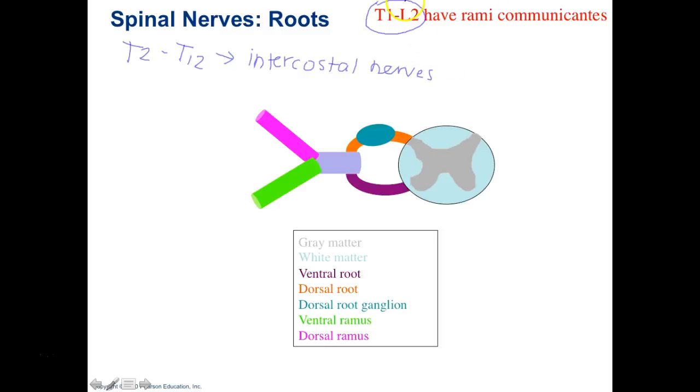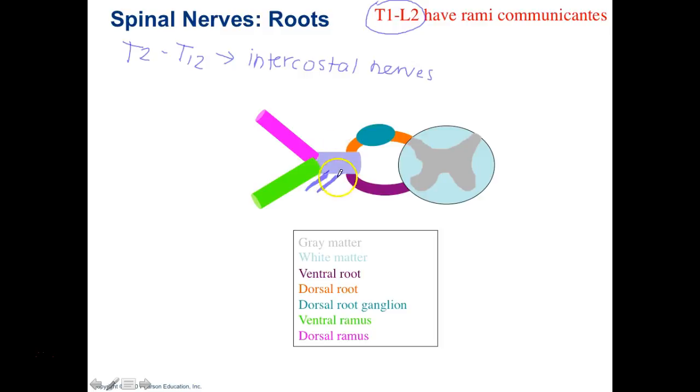And then the last thing I want to mention on this slide is that T1 through L2 are going to have rami communicantes. So I'll talk about this more in our autonomic nervous system lecture, but our mixed spinal nerve here is going to give branches to the dorsal ramus, the ventral ramus, and then we also have something called the white ramus and also a gray ramus.